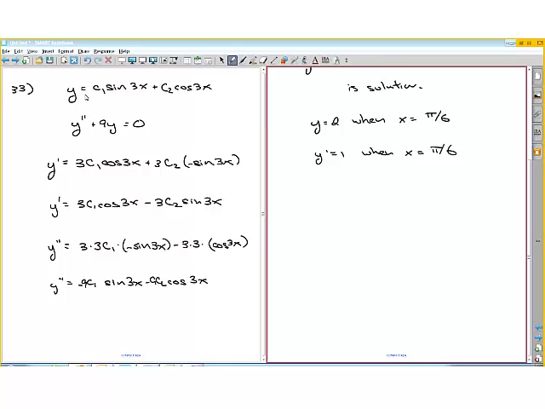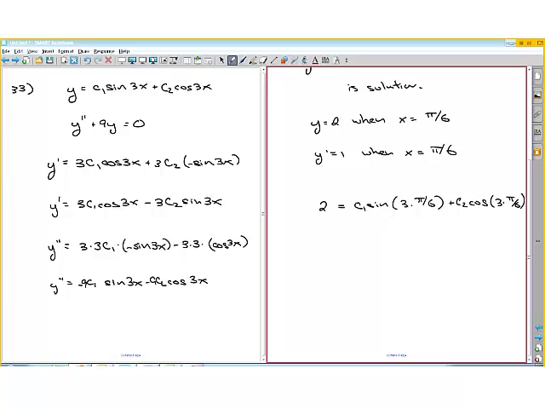So basically what it says here is when y equals 2, so we go back to the original equation, y equals 2 when x is equal to pi over 6. So all I do is I put y into the original equation, I put x equals pi over 6.